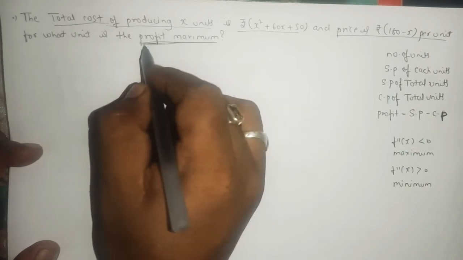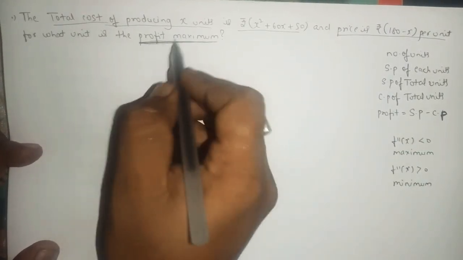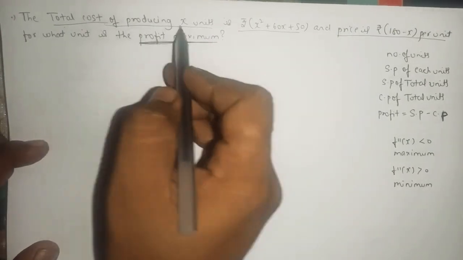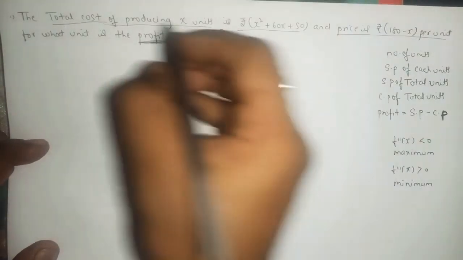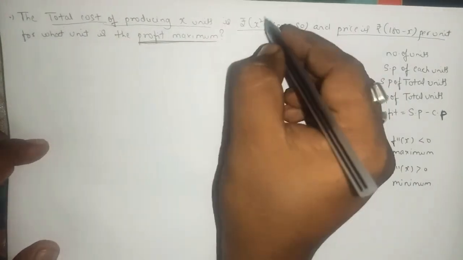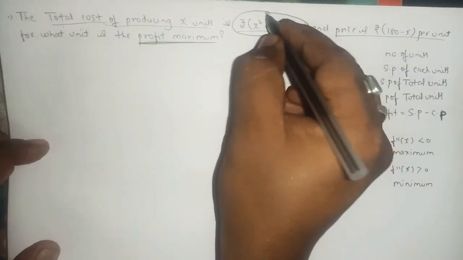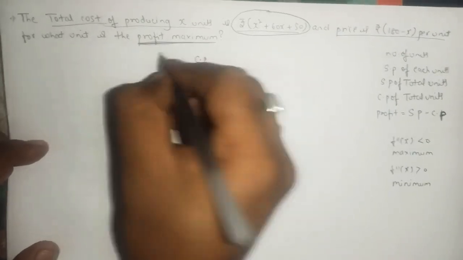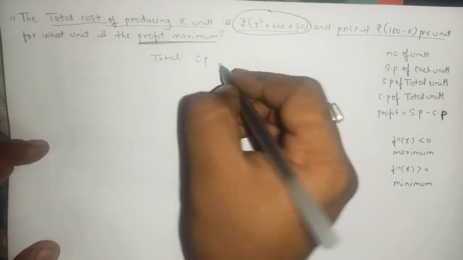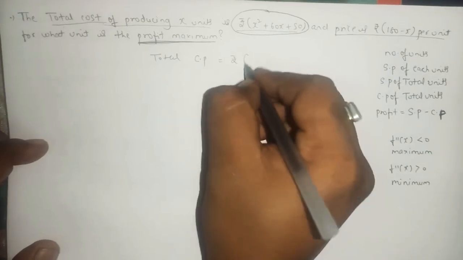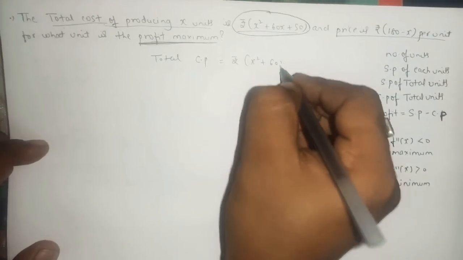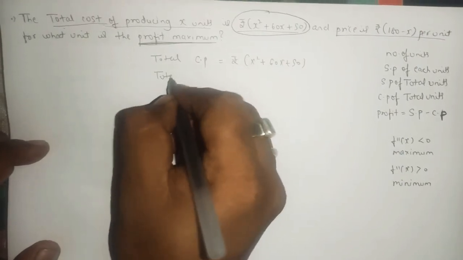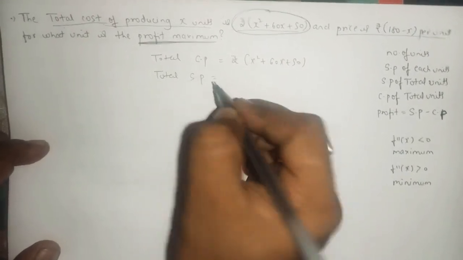Here it says the total cost of producing x units. So can I say that this is the total cost? Cost means what? Cost price. So here we got the cost price. Total cost price is equal to rupees x square plus 60x plus 50. Yes or no?